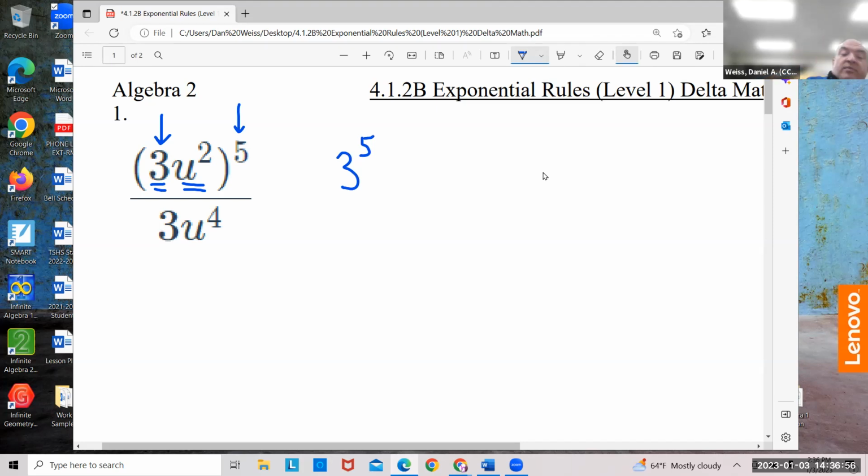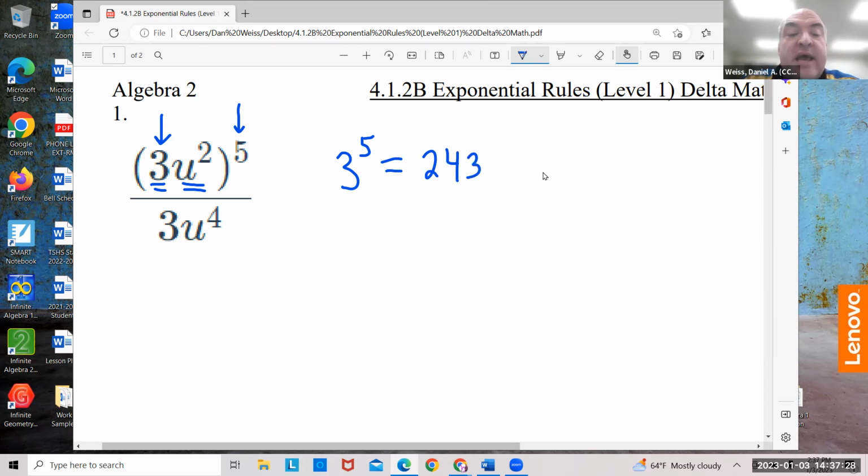I'm going to use my handy dandy calculator. 3 to the fifth power means 3 times 3 times 3 times 3 times 3, right? Or you can turn your phone sideways and go 3, x to the y, 5, equals 243. So 3 to the fifth power is 243.